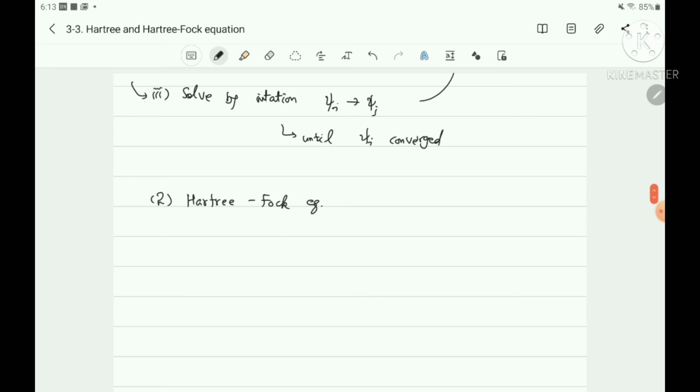Basically, the Hartree equation doesn't consider the exchange interaction. Therefore, in order to include the antisymmetric wave function required by the Pauli exclusion principle, the trial wave function should have the Slater determinant form.